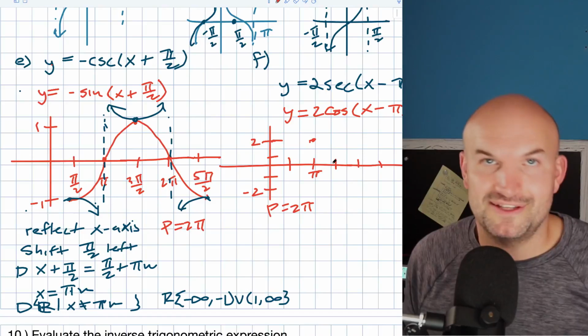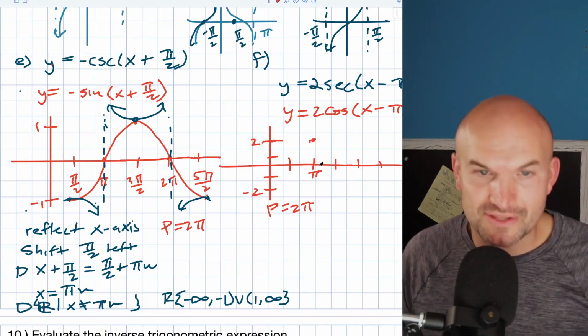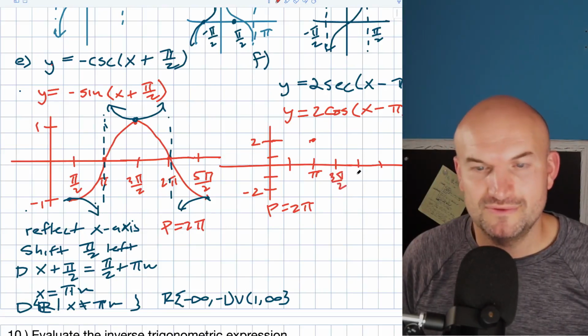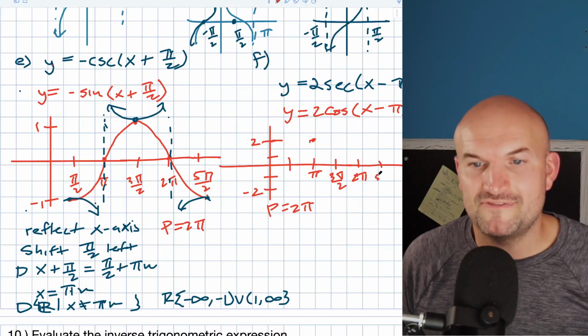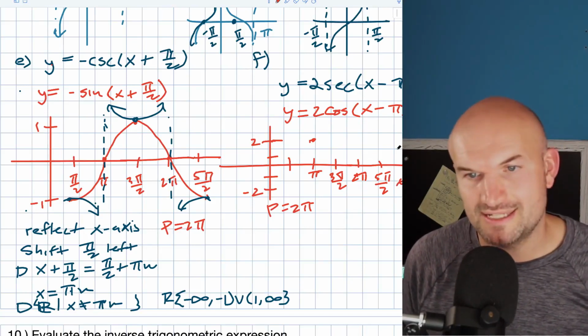That'd be pi halves. So the next one would be pi, then 3 pi over 2, 2 pi, 5 pi over 2, and then this would be 3 pi. Having some trouble counting. Sorry about that.